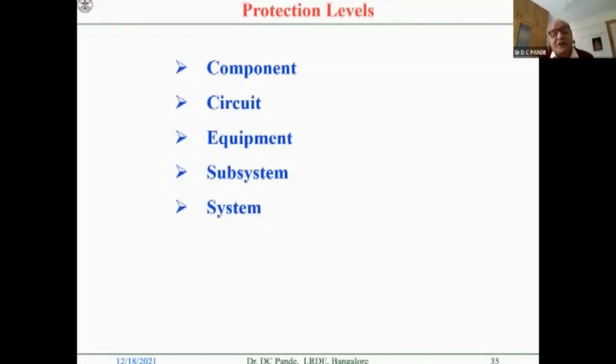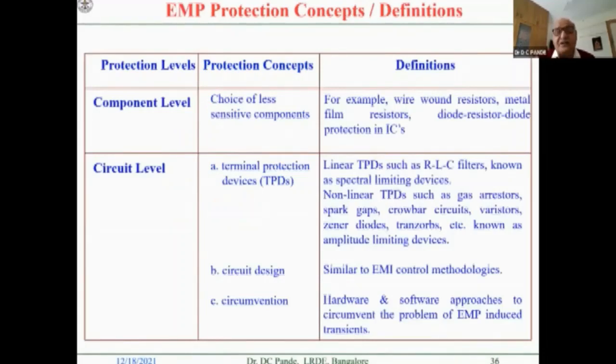At the component level, we make less sensitive components. I won't go into much detail, but at the circuit level we use terminal protection devices, called TPDs, which are linear and non-linear protection devices. Then we design the circuit, which we do in EMI/EMC design. The same thing is done in the case of nuclear electromagnetic pulses.